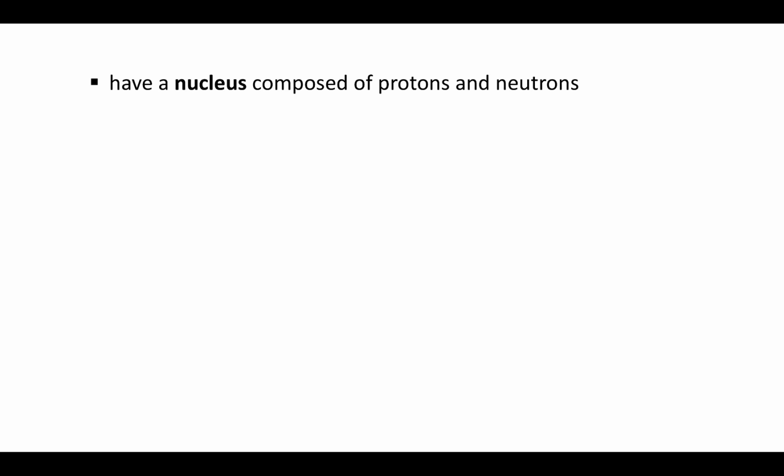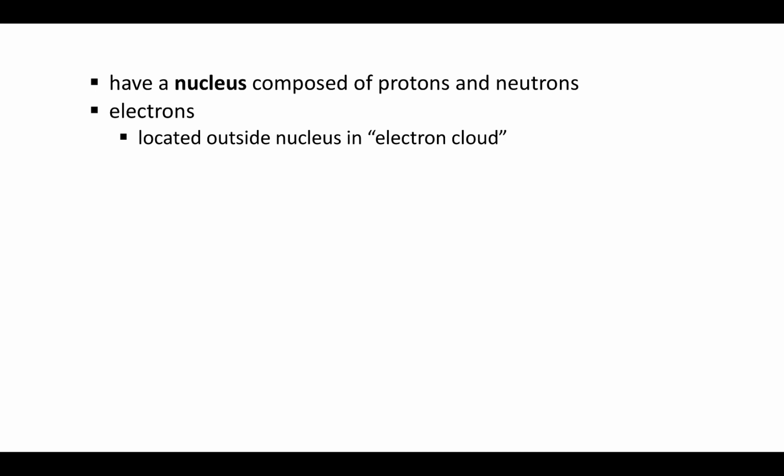So that positive charge and the neutral charge is going to be within the nucleus. And then your electrons are going to be located outside of the nucleus in what we refer to as the electron cloud.